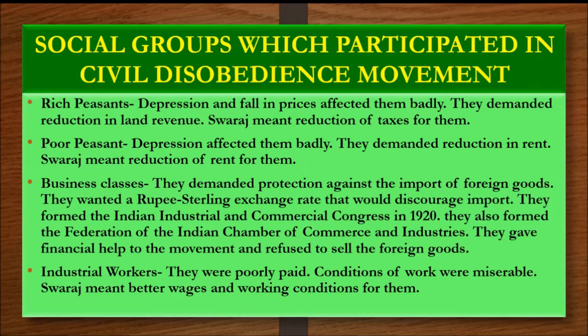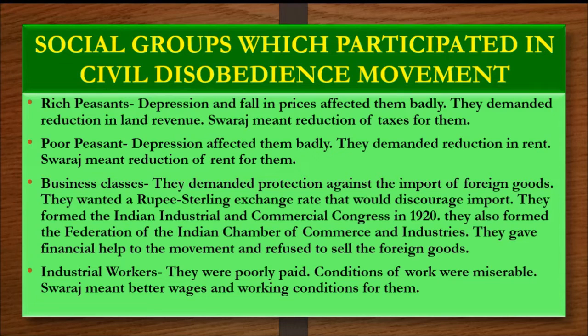Indian industrialists, under the leadership of important industrialists like Purushottam Das Thakurdas and G.D. Birla, attacked the British control over the Indian economy and supported the civil disobedience movement when it was launched for the first time. They not only participated, but also refused to buy or sell goods imported from foreign countries.